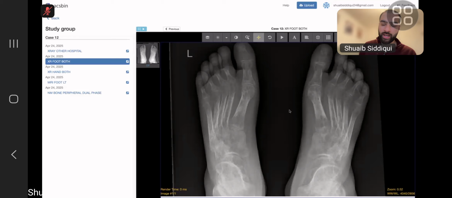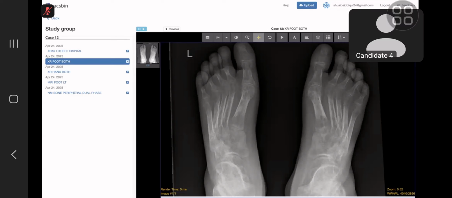Okay, candidate 4. So this is bilateral feet X-ray in a 27-year-old. Presents with foot pain. This is the frontal radiograph of bilateral feet of a 27-year-old person with pain.